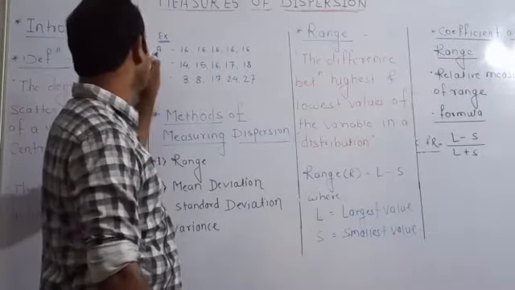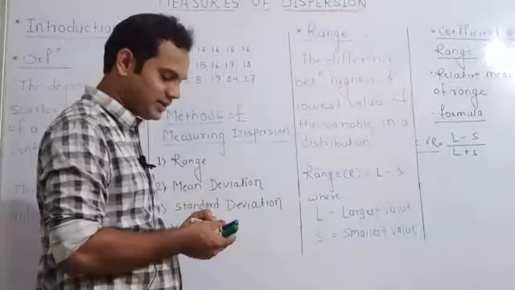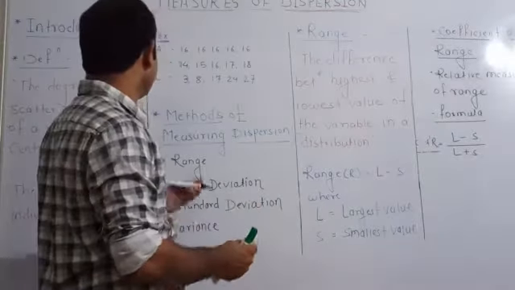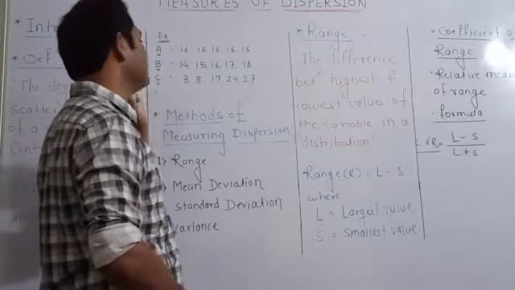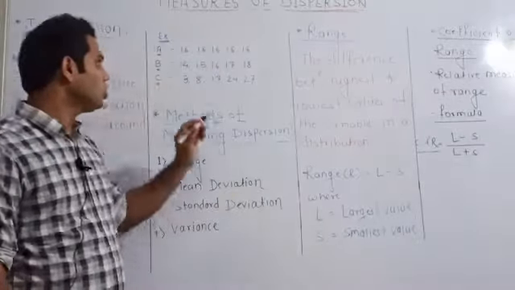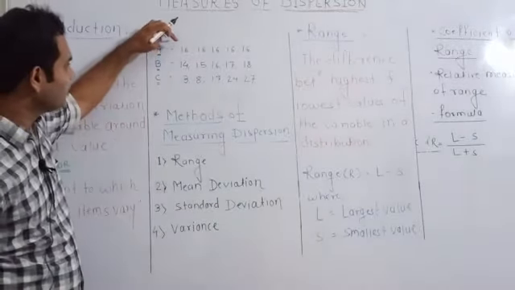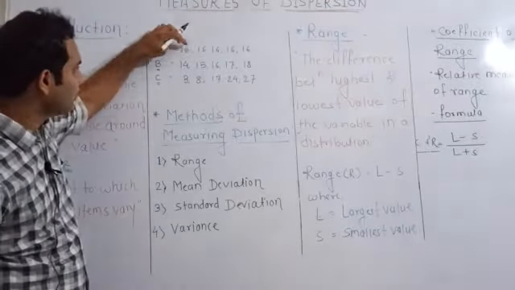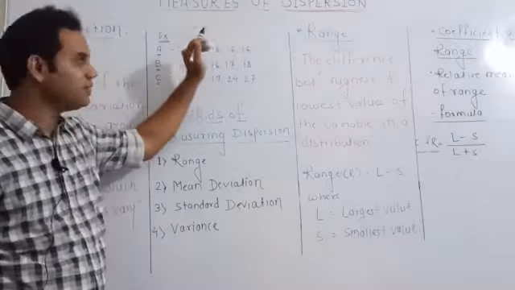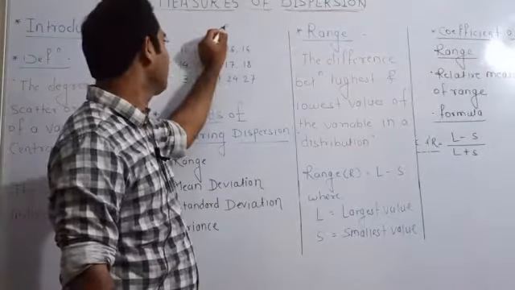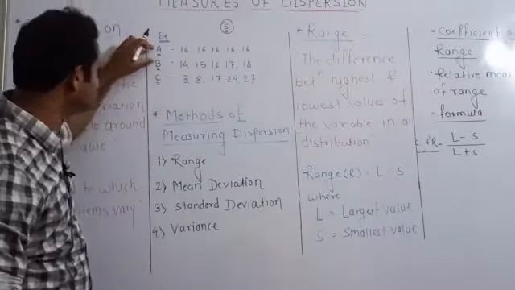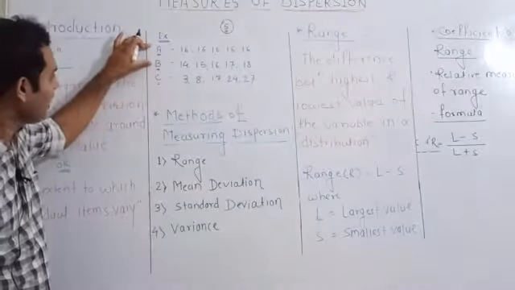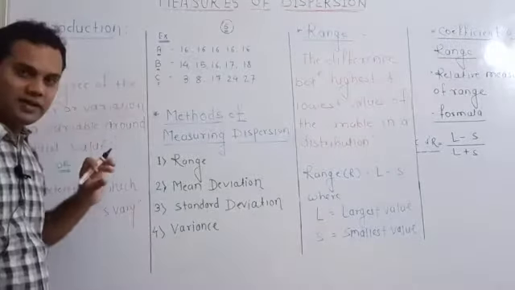I have given here 3 different types of data sets. First one is data set A, second is B, third one is C. Each of these three data sets A, B and C has 5 observations.